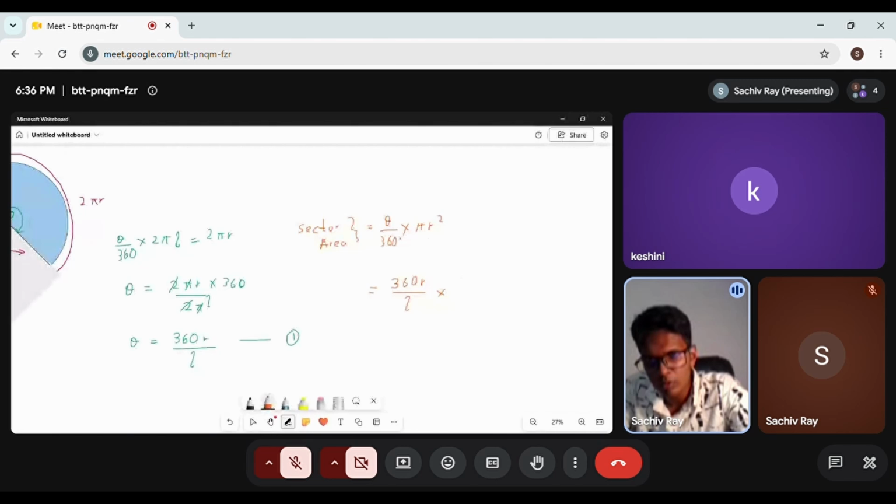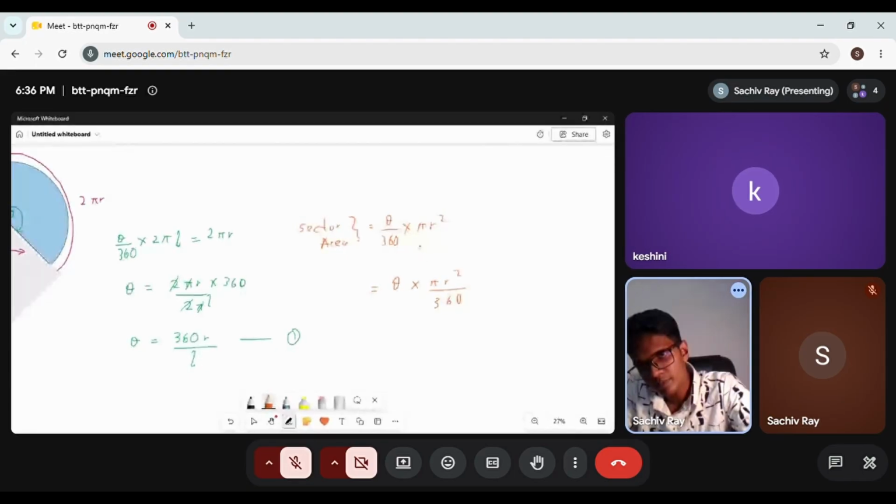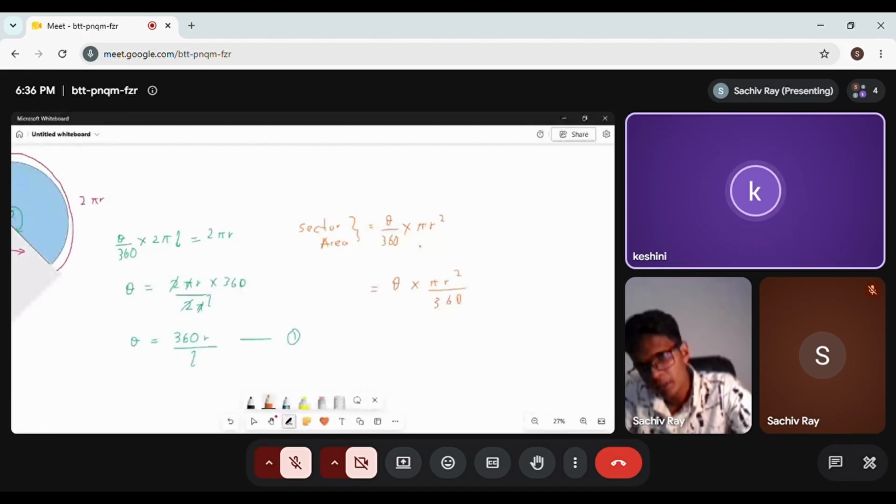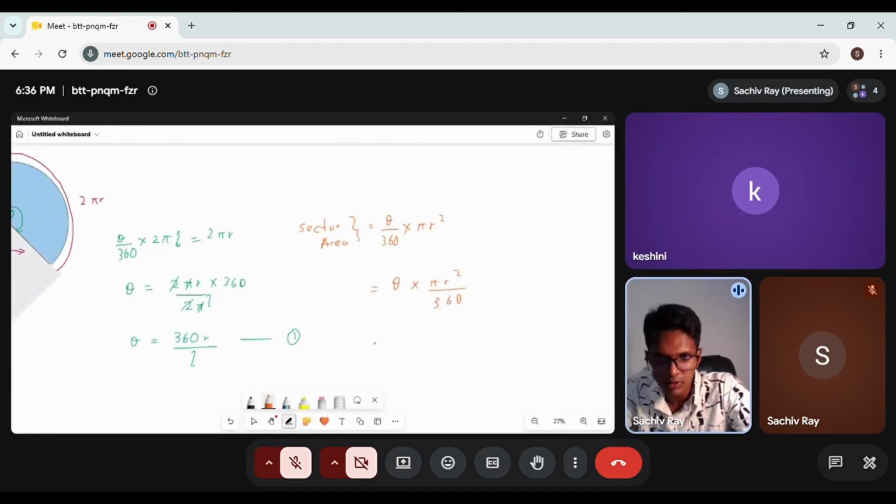Now we can write it this way also: theta multiplied by pi r squared over 360 degrees. Are these both the same? Yes, sir. Right, it's just a multiplication.